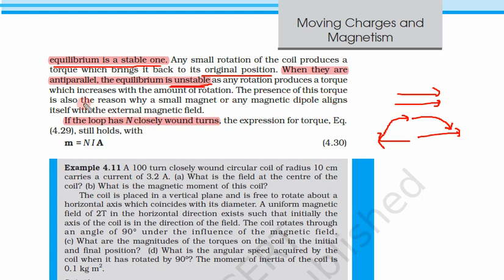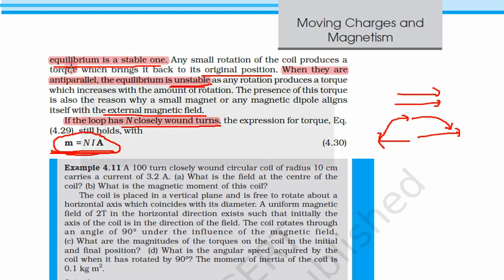The presence of this torque is also the reason why a small magnet or any magnetic dipole aligns itself with the external magnetic field. Again, if the loop has n closely wound turns, the total magnetic moment is NIA, that we have already understood.